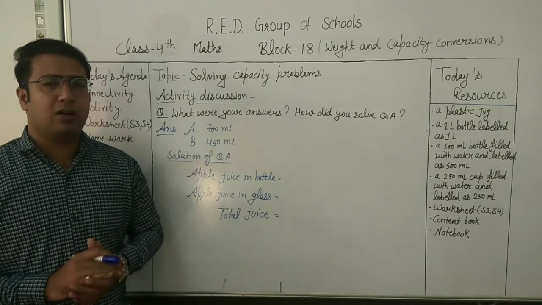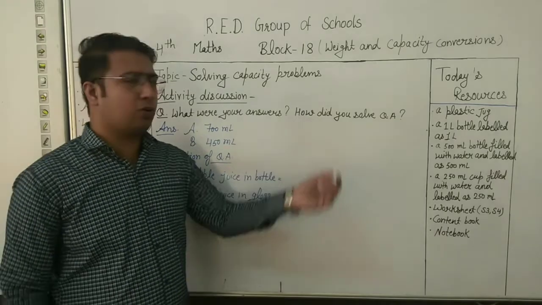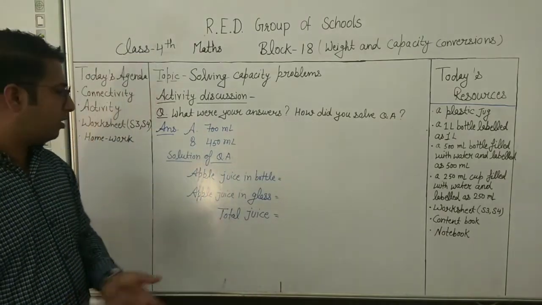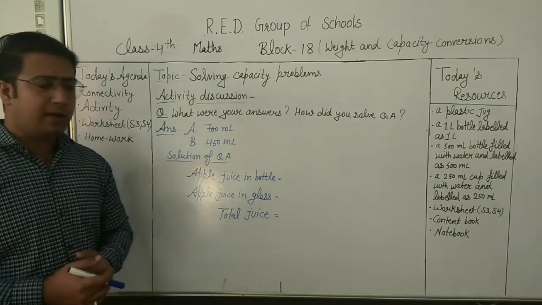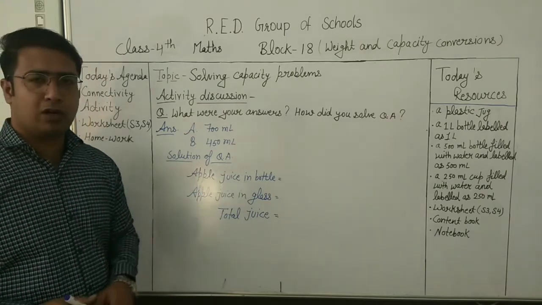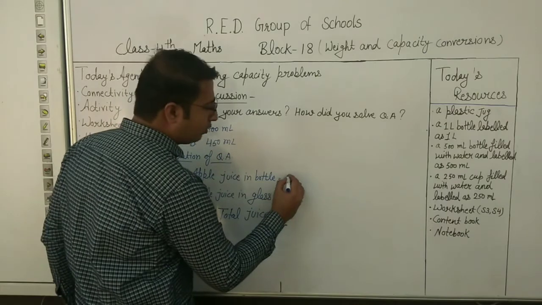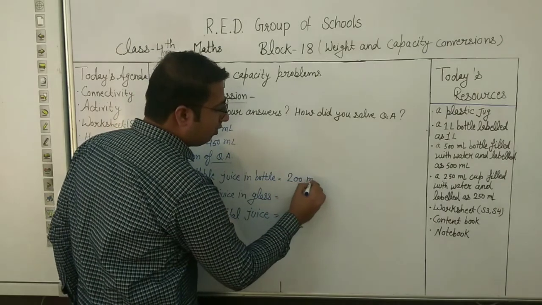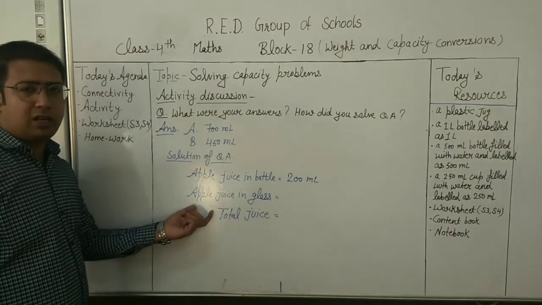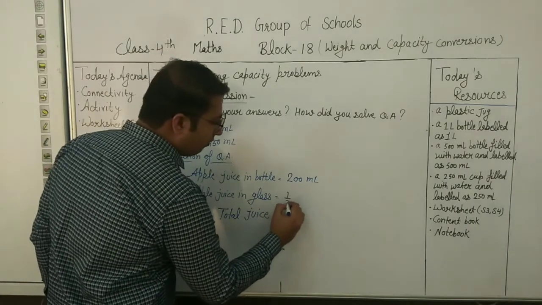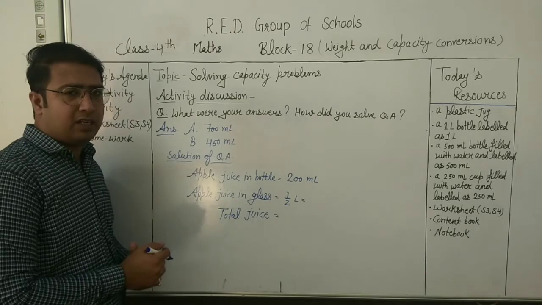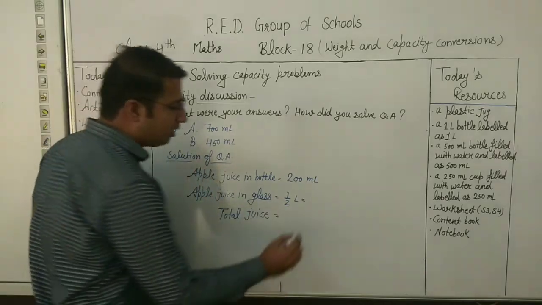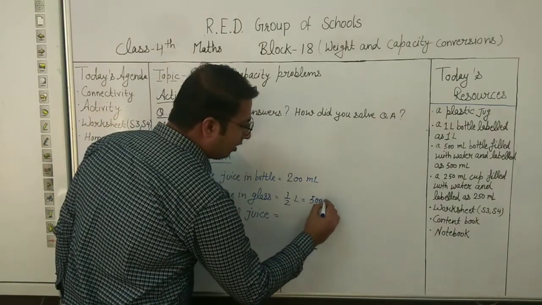Now I have to tell how you solved question A. First of all, we read the statements which are required in the answer. Apple juice in the bottle was 200 milliliter. And apple juice in the glass was 1 by 2 liter, and we know the relationship of liter and milliliter, so 1 by 2 liter is 500 milliliter.